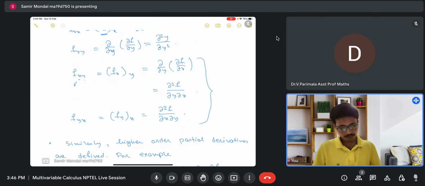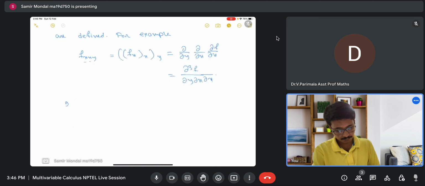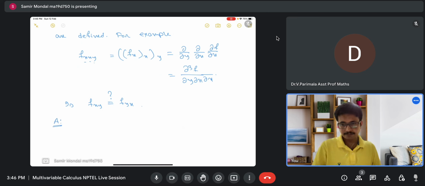Is f of x y equal to f of y x? Is this one correct? This is my question. Someone can try it.